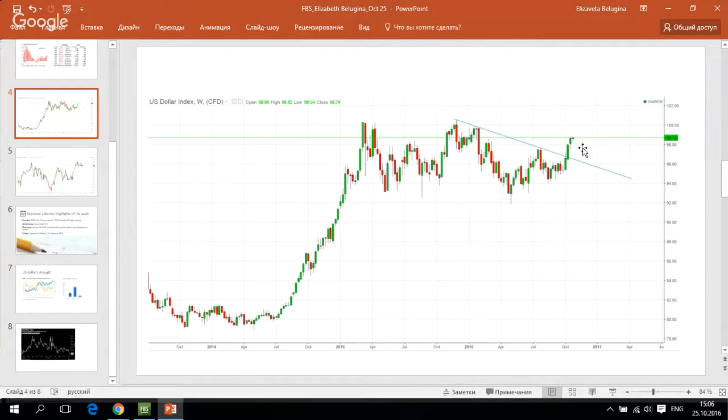Actually, there is space for the American currency to get higher, to approach January maximums just below the benchmark level of 100 points.